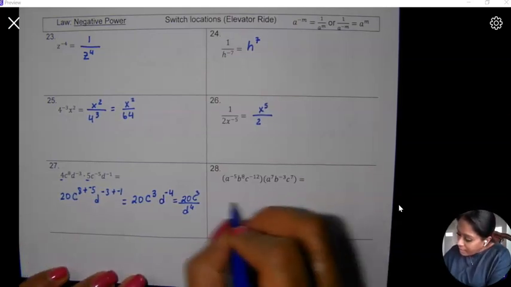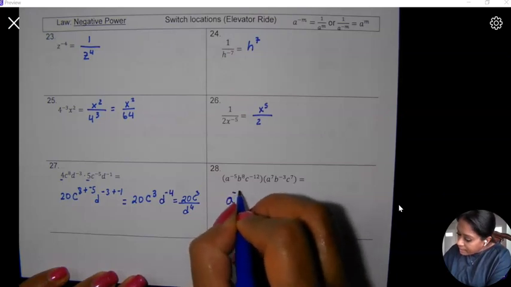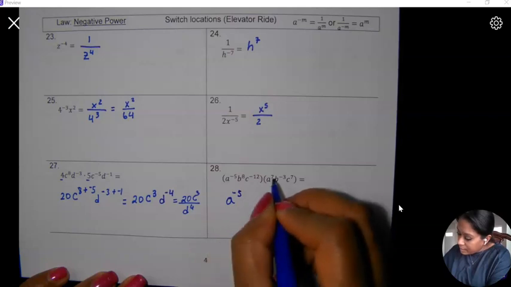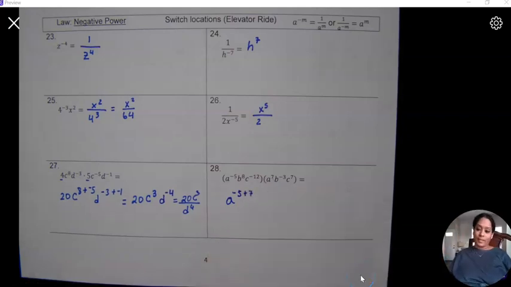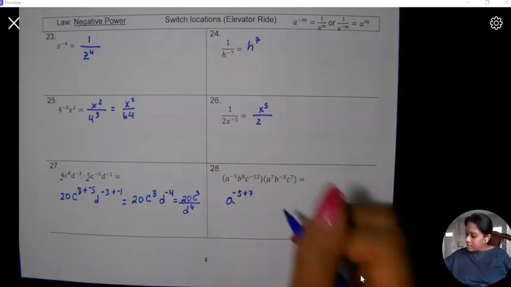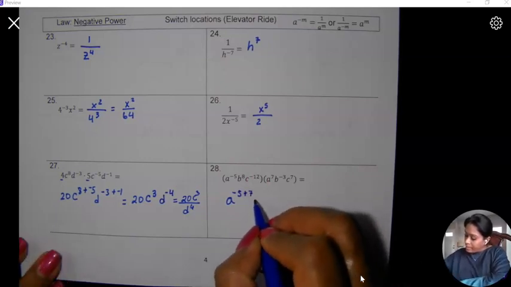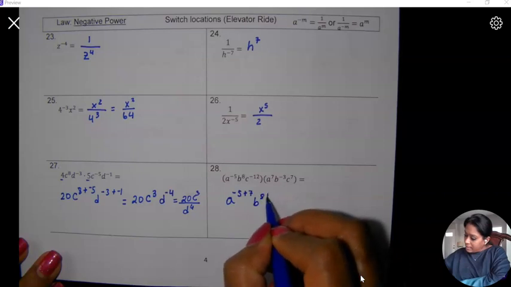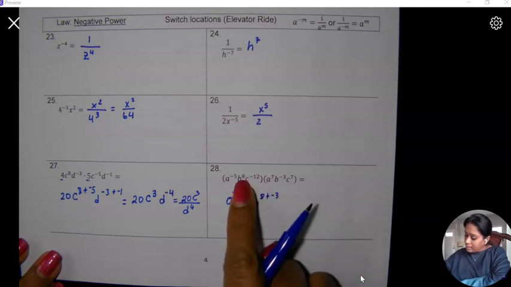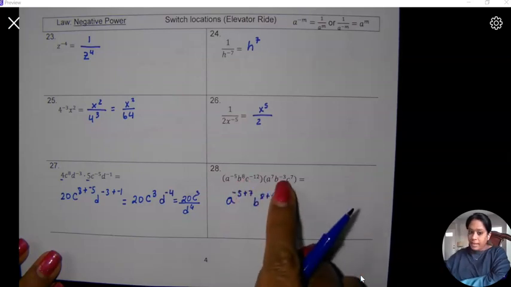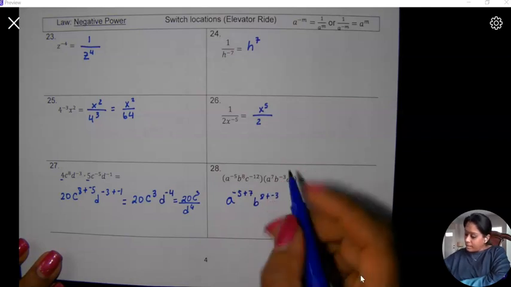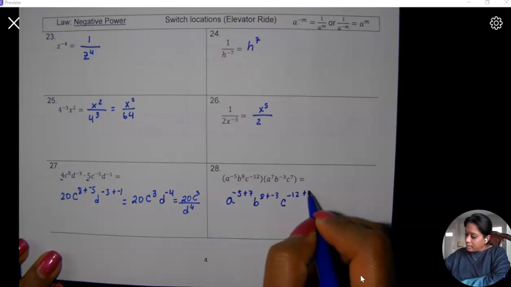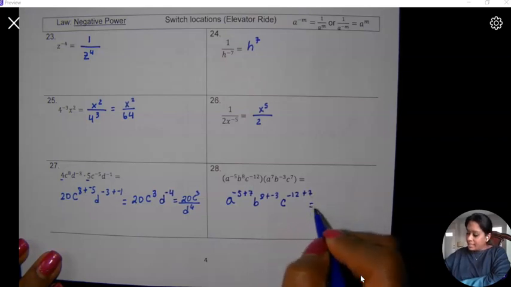So you have here a to the negative 5 times, and here we have b to the 8th plus a negative 3, the b to the 8th and b to the negative 3. I'm going to combine those, and then you have c to the negative 12 plus 7. And let's clean that up.